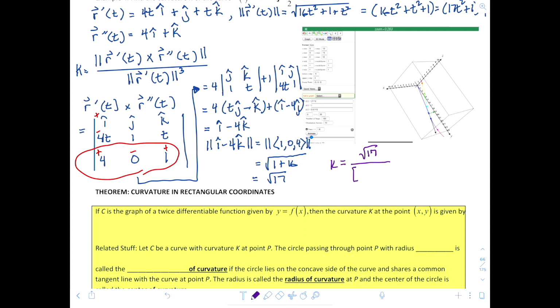So we would have 17t squared plus 1 to the 1/2, all of that cubed. So k will be root 17 over 17t squared plus 1 raised to the 3/2. And we're done.